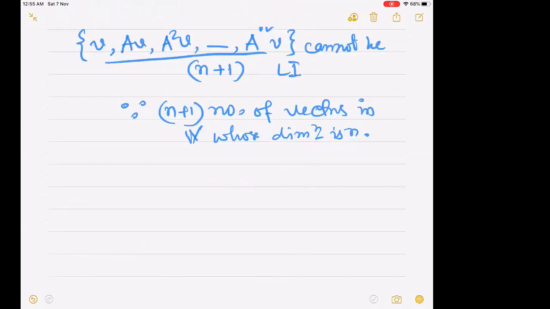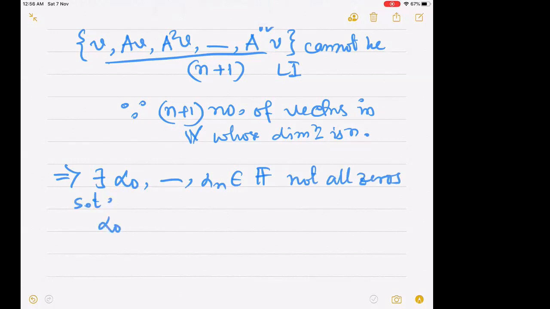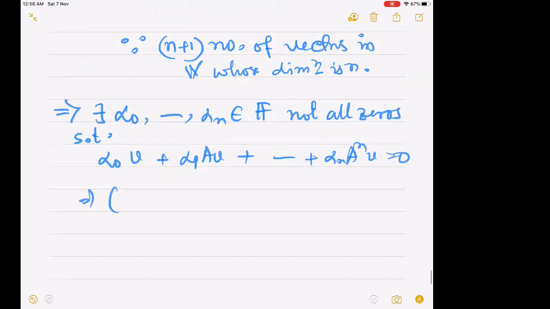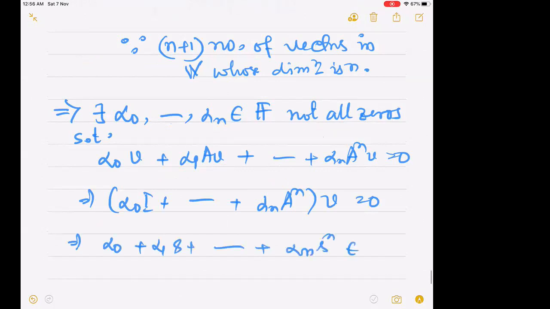So they're linearly dependent, which means there exist alpha 0 up to alpha n in F, not all zeros, such that alpha 0 v plus alpha 1 Av plus up to alpha n A to the n v equals 0, which of course means alpha 0 identity plus up to alpha n A to the n applied to v is equal to 0, which implies alpha 0 plus alpha 1 s plus up to alpha n s to the n is in A_v.